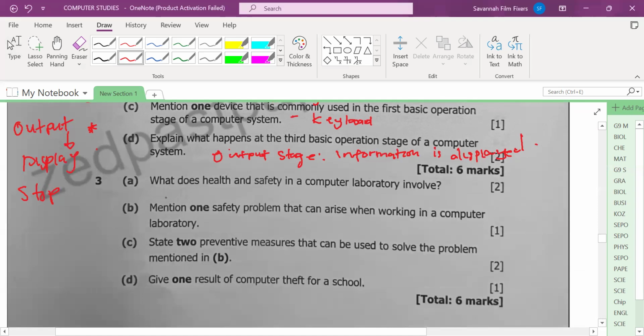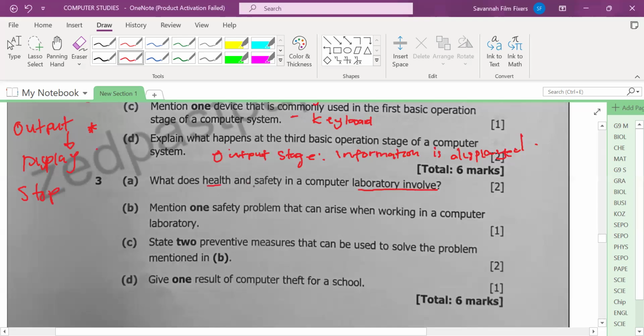Question 3 states, what does health and safety in a computer laboratory involve?